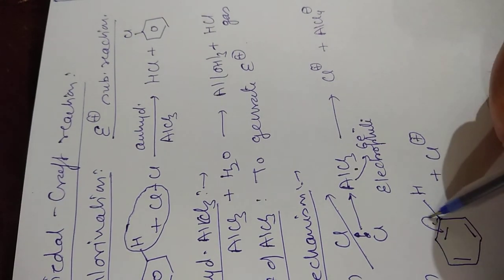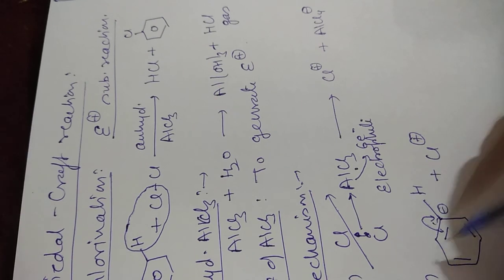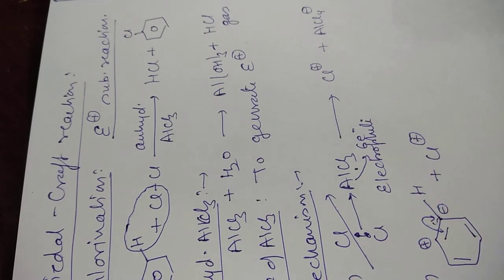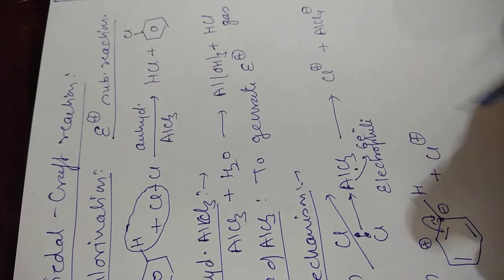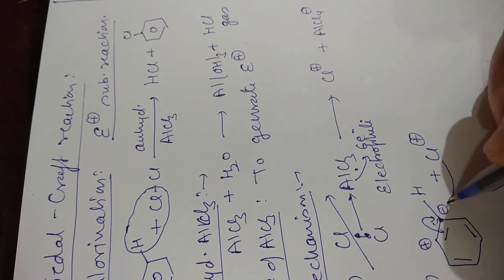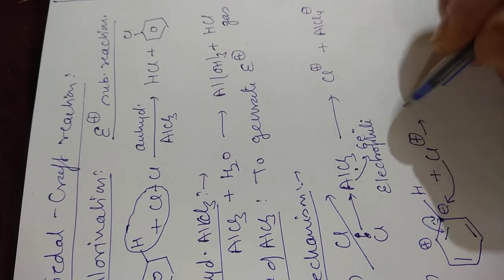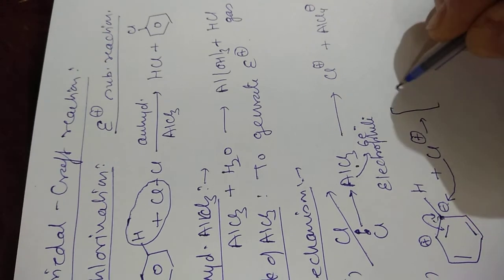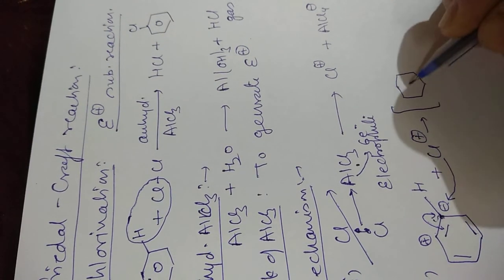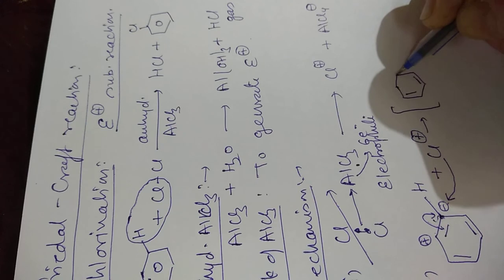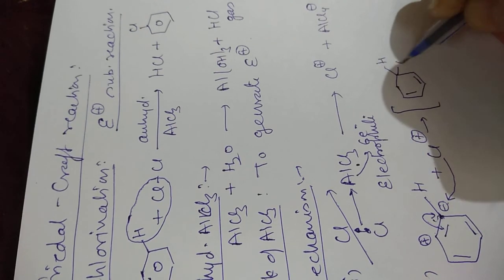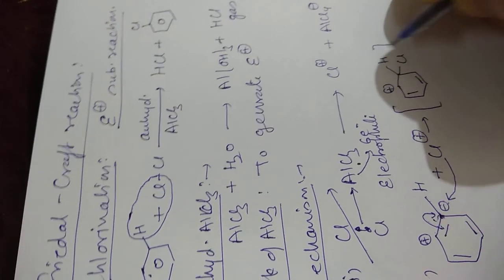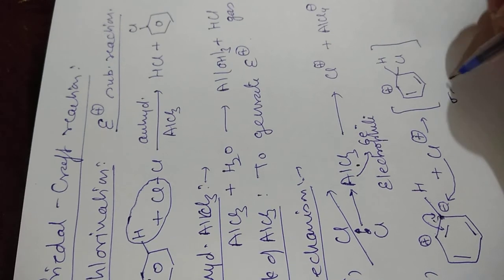Due to shifting of pi electrons, because we know in benzene and in all aromatic compounds resonance takes place, this carbon may be negative and this carbon may be positive, and Cl plus will attack the benzene ring. As a result, you will see an intermediate is formed, which is known as the sigma complex.